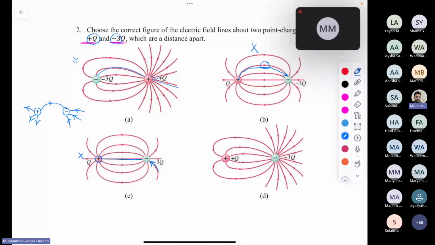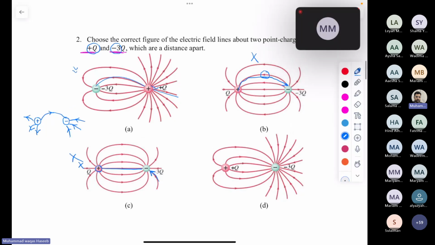Okay, so now move to the next part. If you see these two, if we have one option and one option here, this is 3q and it is inward. So this is the correct description as well. But if you think this is 3q and there are only a few lines, this is not the field of 3q.